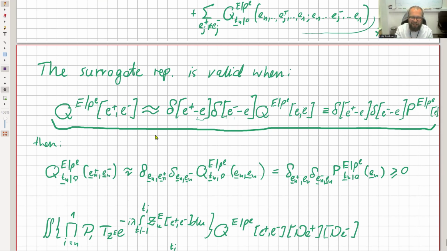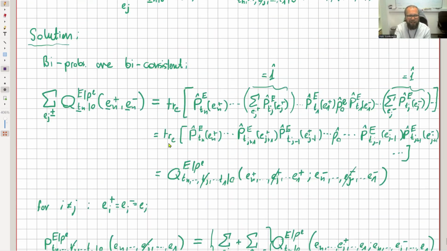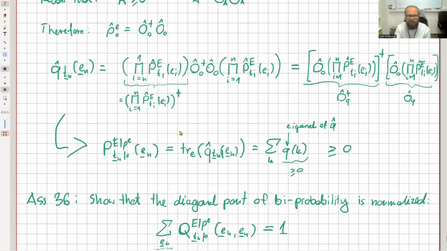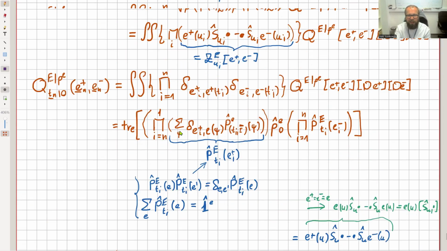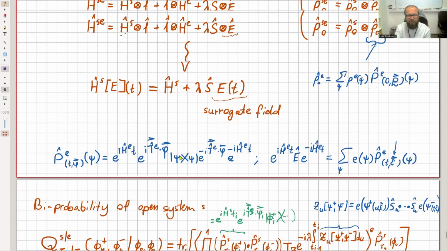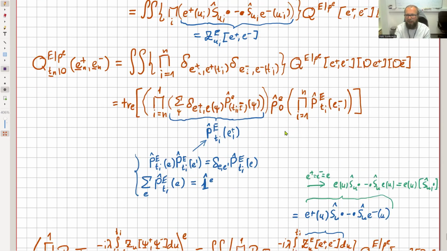I believe I already mentioned this, but if we just look at the definition, the formula that defines this bi-probability... where was it? Here it is.